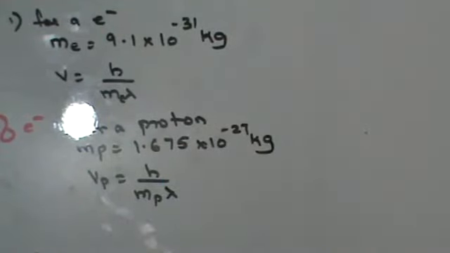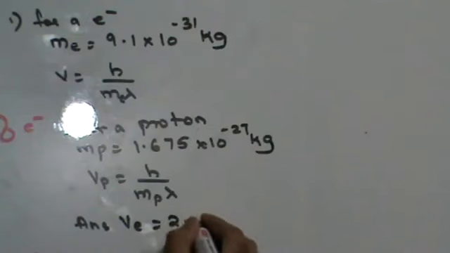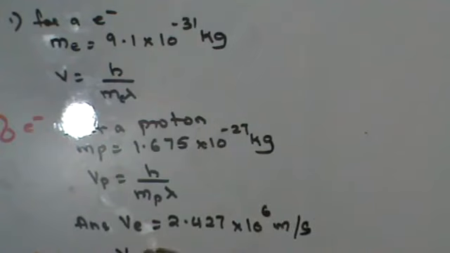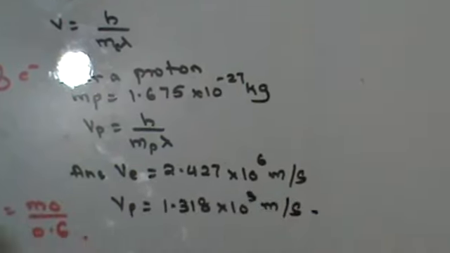You can substitute the values and get the answer. The answer for this sum should be: velocity of electron is 2.427 into 10 raised to 6 meters per second. Velocity of proton is 1.318 into 10 raised to 3 meters per second.